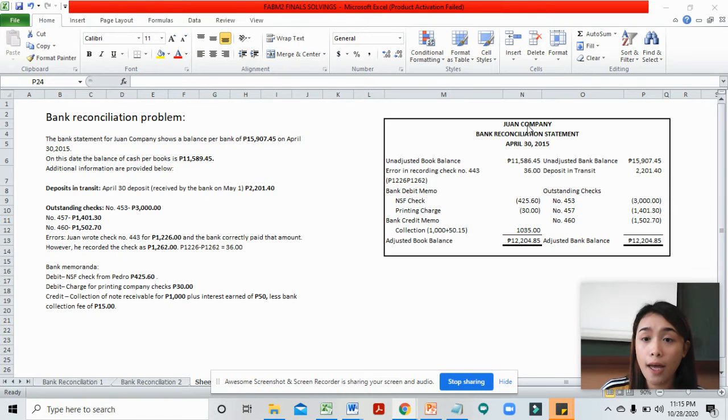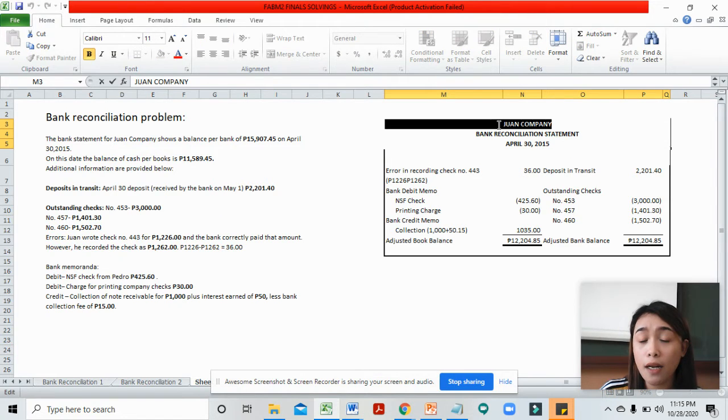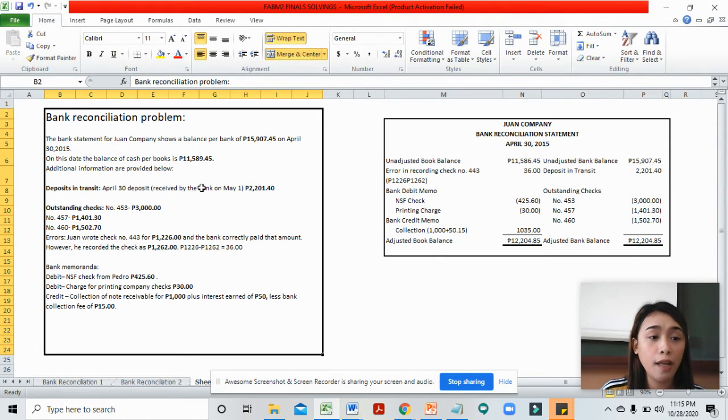So again, we have here the name of the company, that is one company, and this is of course what we call our heading. For the additional information provided, we have the deposits in transit.